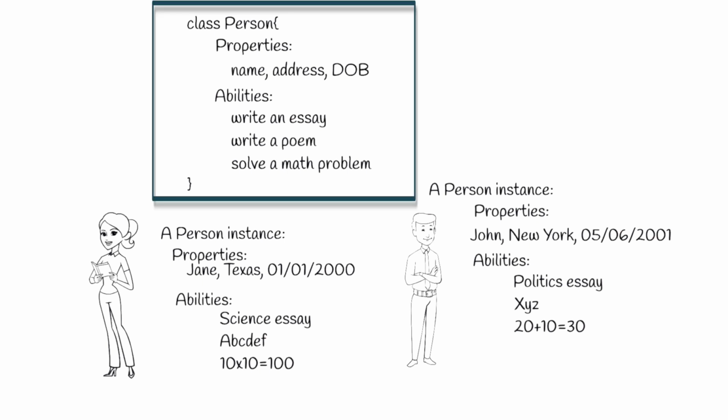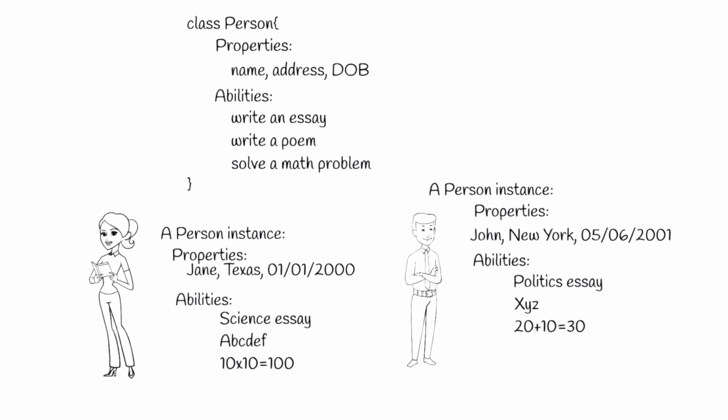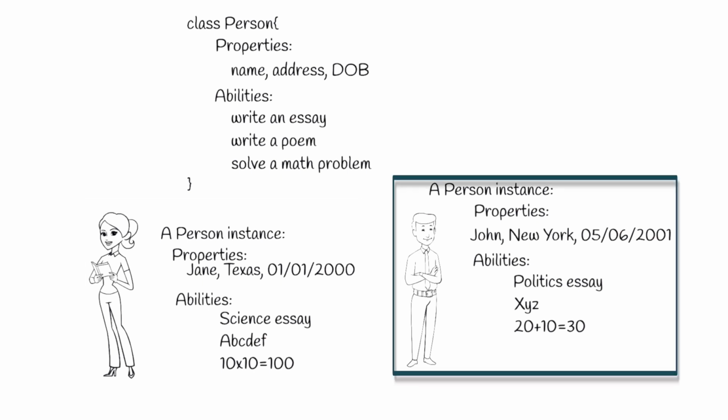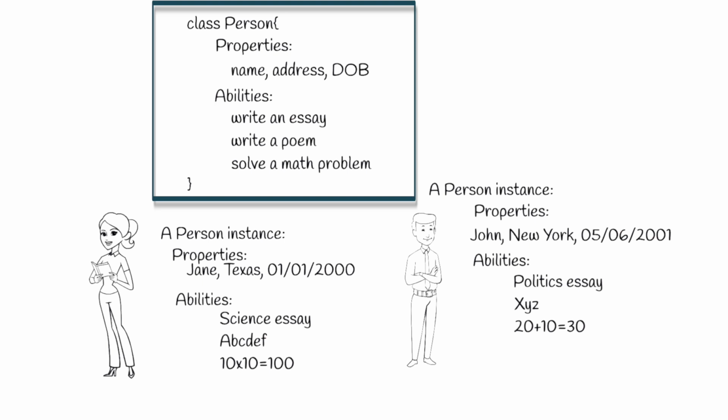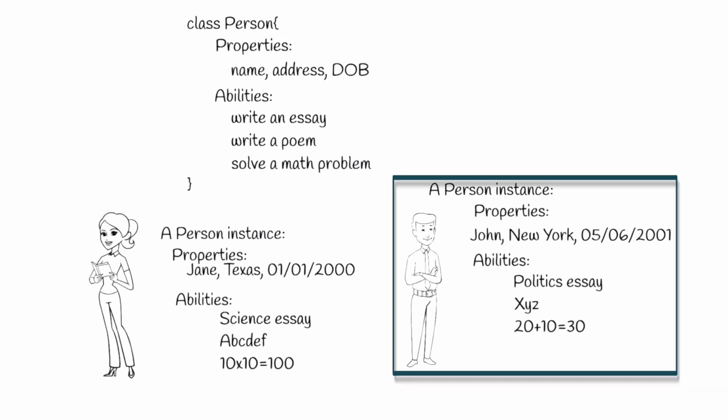The concept person, which has properties and abilities, may have many instances. Each instance is an individual. In Java, a class is analogous to the concept person, and an object is analogous to an individual in this example. Similarly, we can create a class called circle.